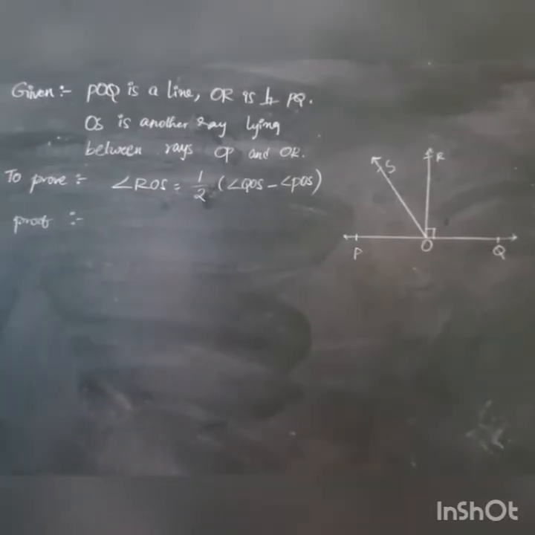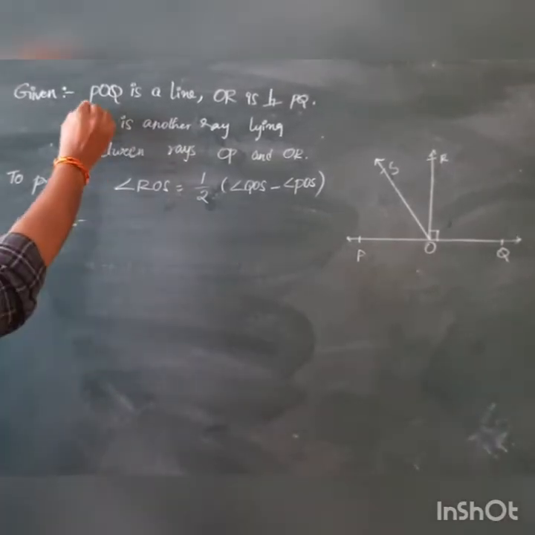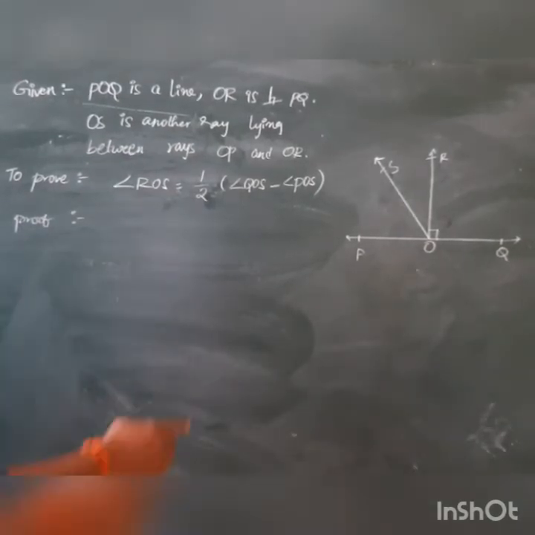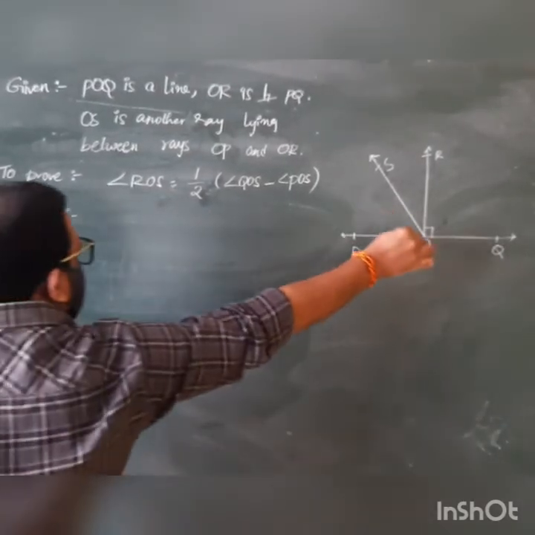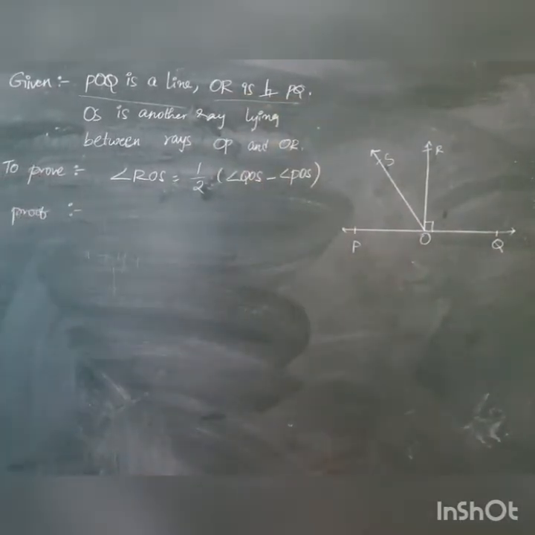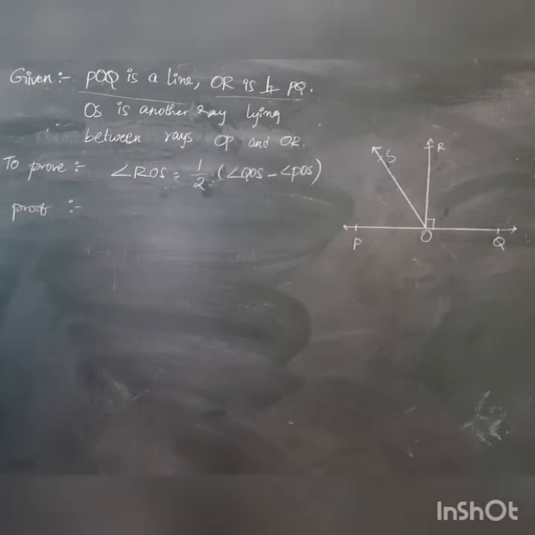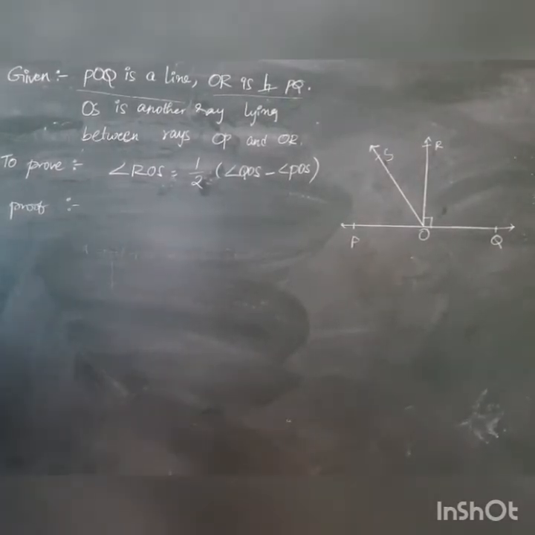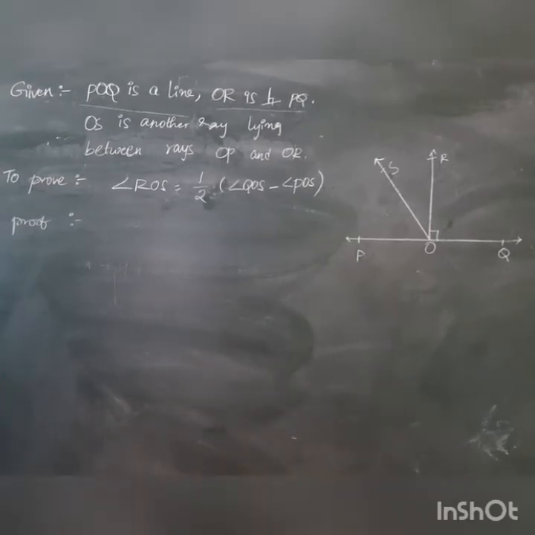Fifth problem. From the figure you can see POQ is a line, and OR is perpendicular to PQ. Here it is given OR is perpendicular to PQ. Perpendicular in the sense the ray OR is making an angle 90 degrees with the line PQ.